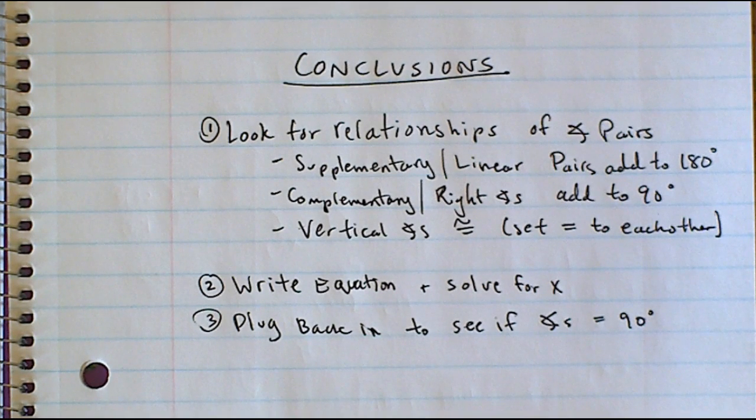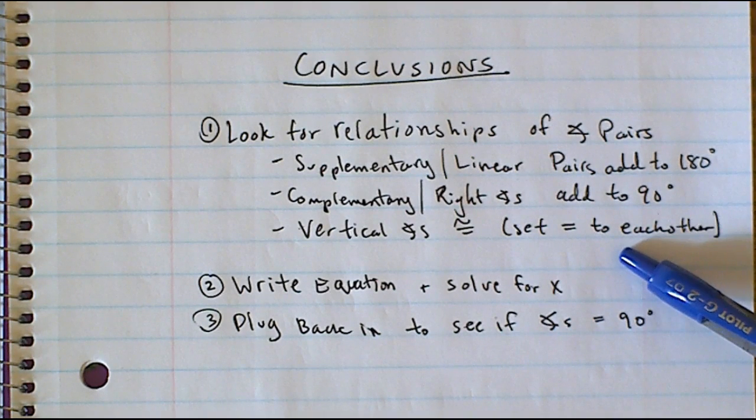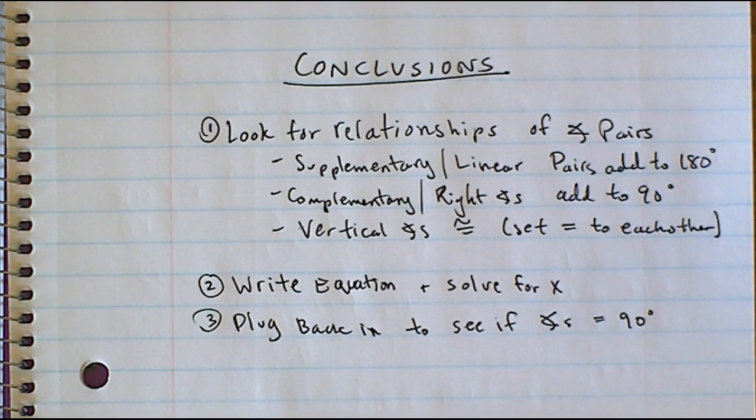Once you've figured out the relationship, then you always want to set up an equation. Either they're going to add up to 180, add to 90, or set them equal to each other depending on the relationship. Then once you solve for x, you can plug it back in to see if the angles equal 90 degrees. If they are, the lines are perpendicular. If not, then they are not perpendicular.